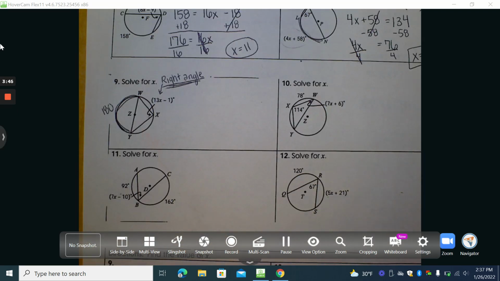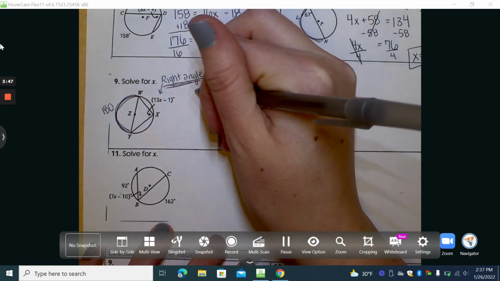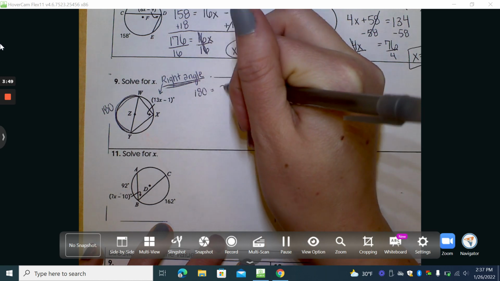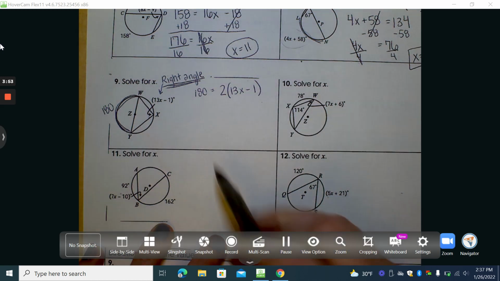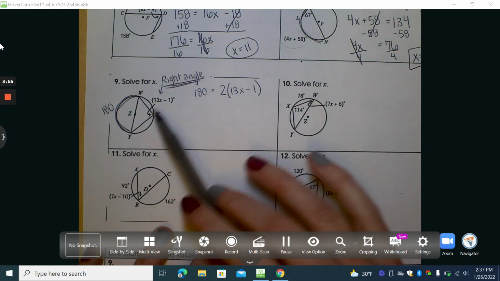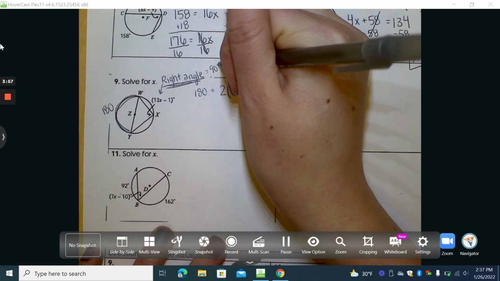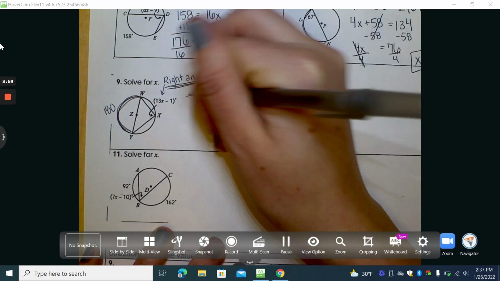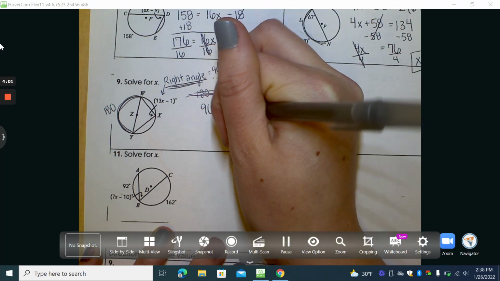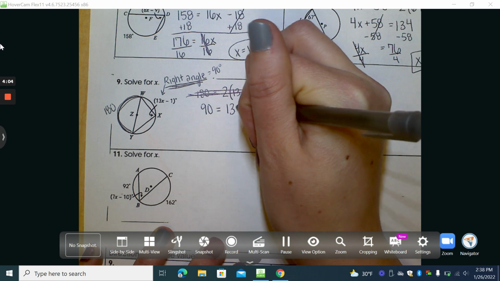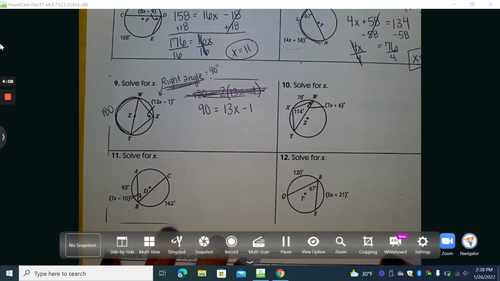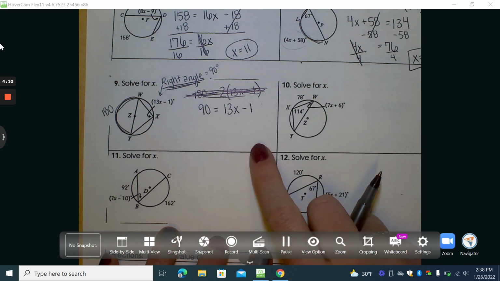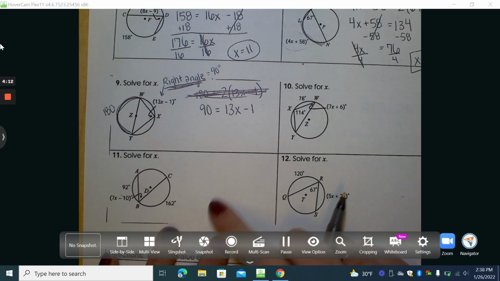So I could technically set this up as my arc 180 equals 2 times 13x minus 1. But I already know that this is a right angle. This equals 90 degrees. So instead of doing that, I'm just going to have 90 degrees equals 13x minus 1. That's the equation I'm going to go ahead and solve. I know that it's a right angle, so let's go ahead and solve as if it equals 90 degrees.